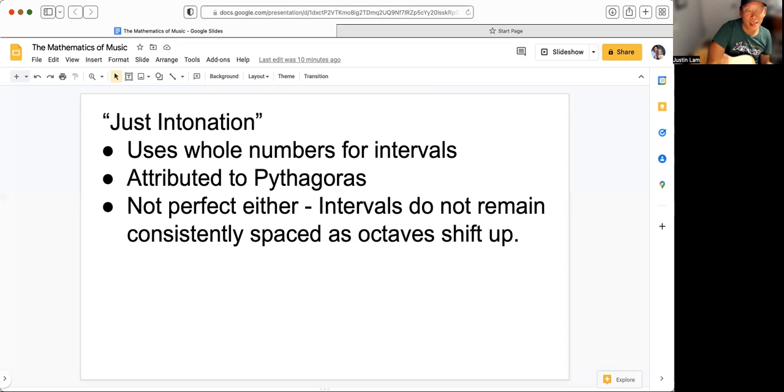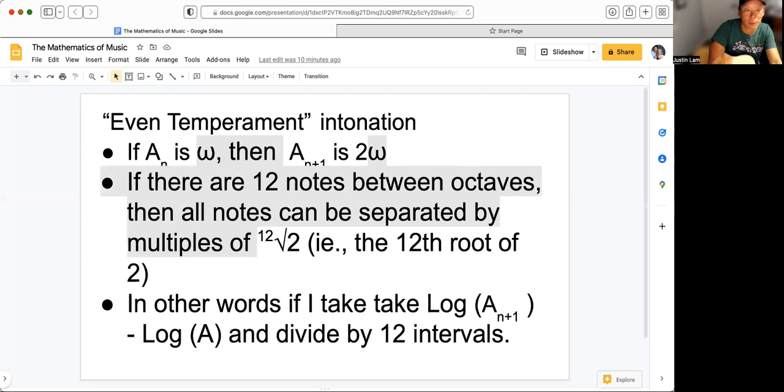But it's not exactly perfect. When it comes time to adding lots of different instruments or lots of different ranges in the music, it's not perfect, and as I move the octaves up and down in pitch, the consistency isn't maintained.